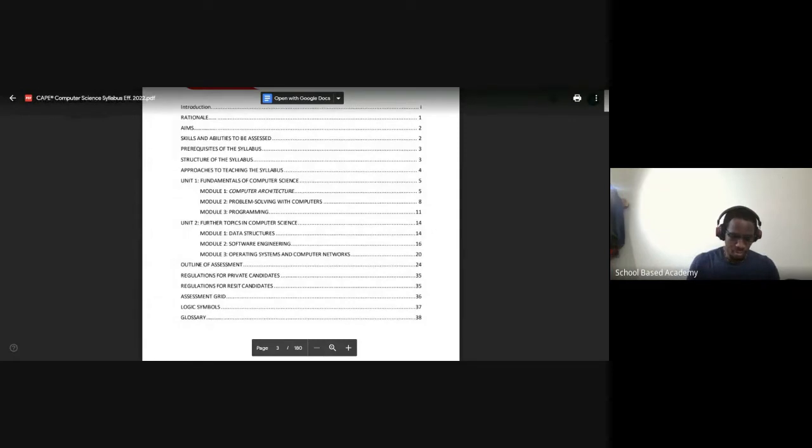Now, in the problem solving with computers, we are practically doing most of that module, and we'll be doing about what I would consider to be about half of the programming module for this topic.